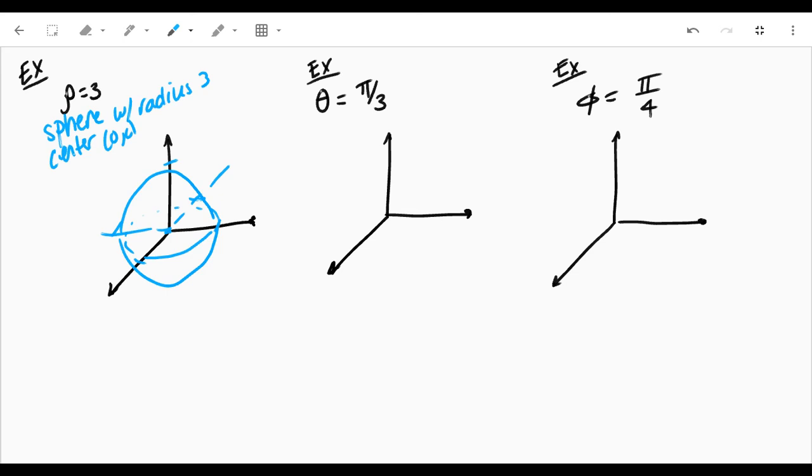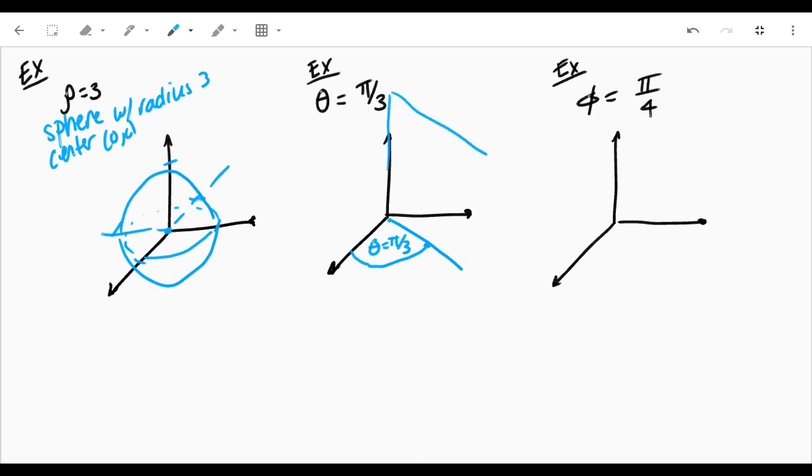Theta equals pi over 3. So my angle here is pi over 3. What that means is that it's actually a half plane because there's no way for us to get to the other side. Phi, remember, is measured from the positive z-axis.